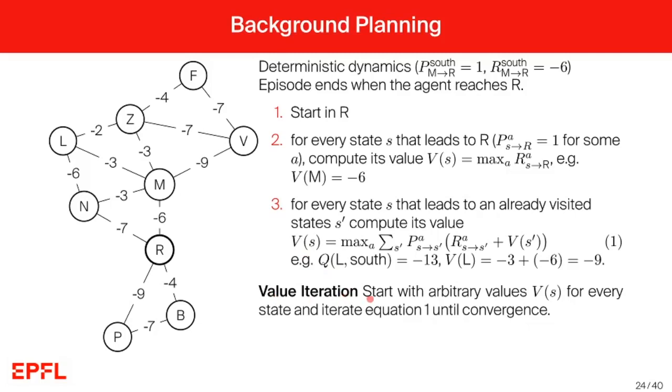It simply works by starting with arbitrary values for all the cities in this graph, for all the states in a certain environment, and then iterating this equation 1 here until it does not change anymore. And this is called value iteration.